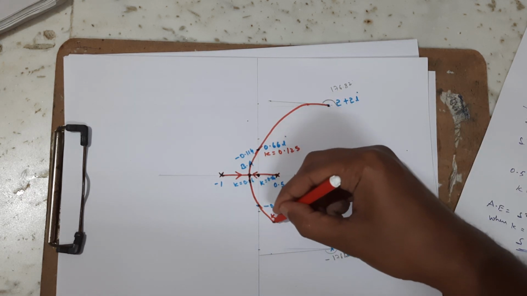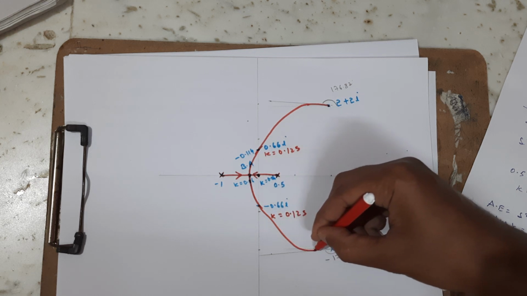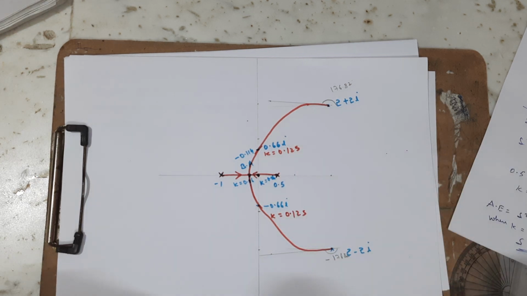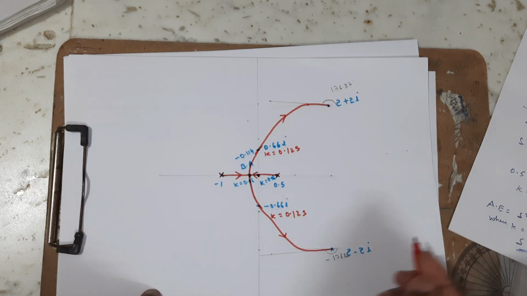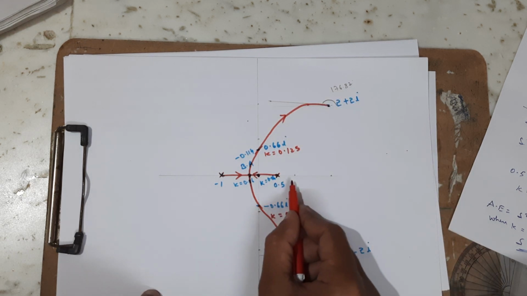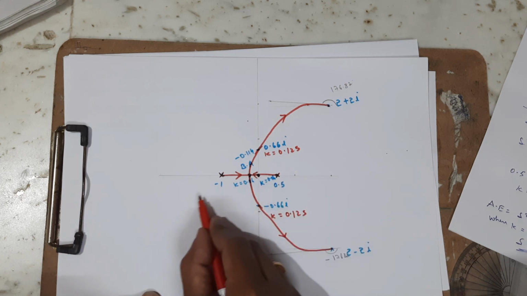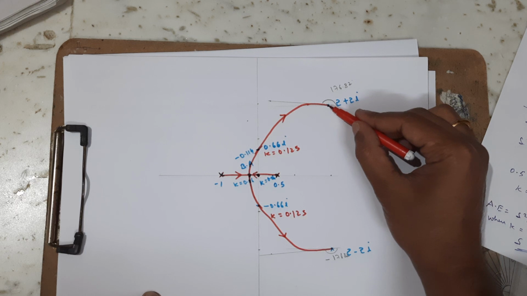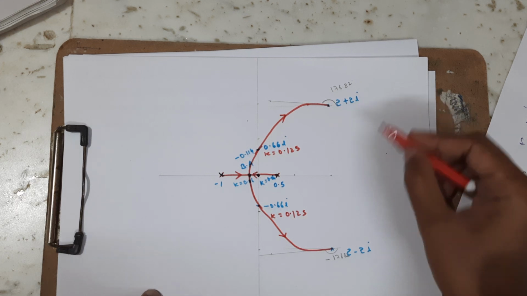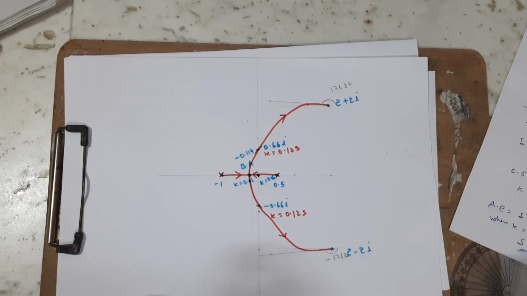Here also it follows the angle of arrival and ends like this. As we know, the branches start from the poles, so we have two poles, 0.5 and -1, and they end at 2 plus 2i and 2 minus 2i. So this is the root locus.